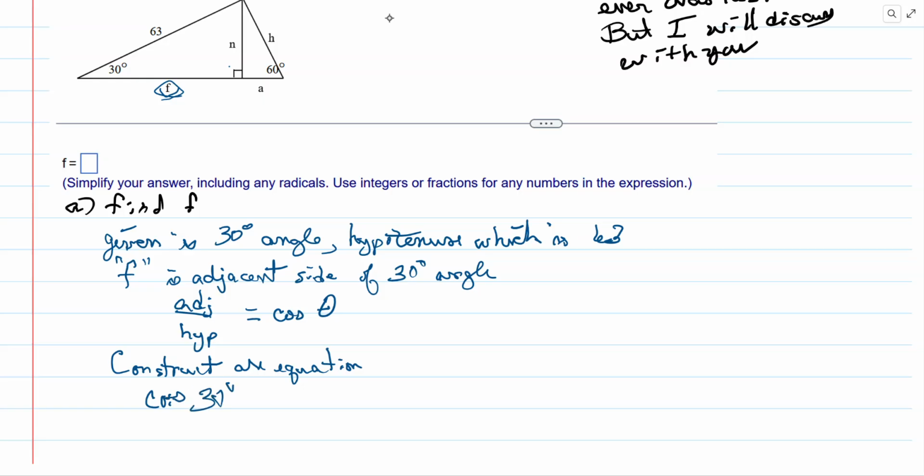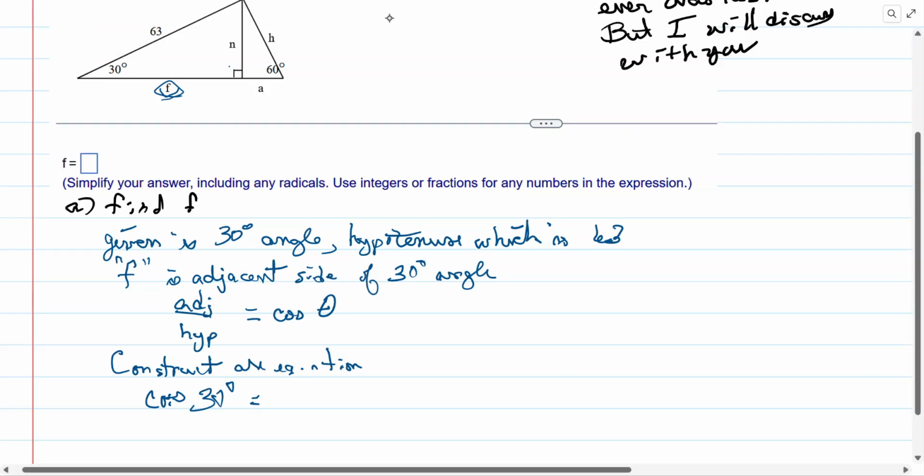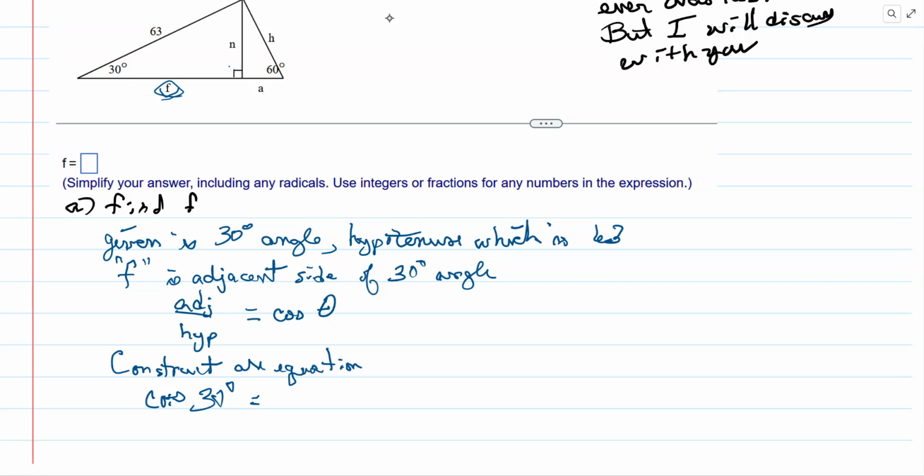Cosine of 30 degrees must equal, and we know it's adjacent, which is our F. My eraser is too big. Hold up, I'm erasing more than I need. All right. 30 degrees is going to be adjacent over, and our hypotenuse is 63.